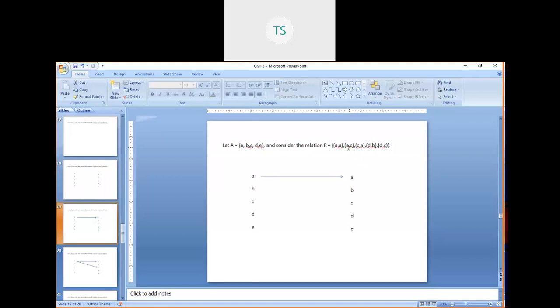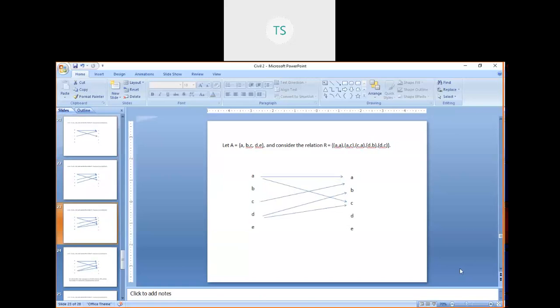Next A, C. From A, I will draw one line to C. Next element is C, A. This first C is from the first column, so I'll write C, A. Then the next ordered pair is D, B. I will choose the D from the first column. So D, B. And the last one is D, C.